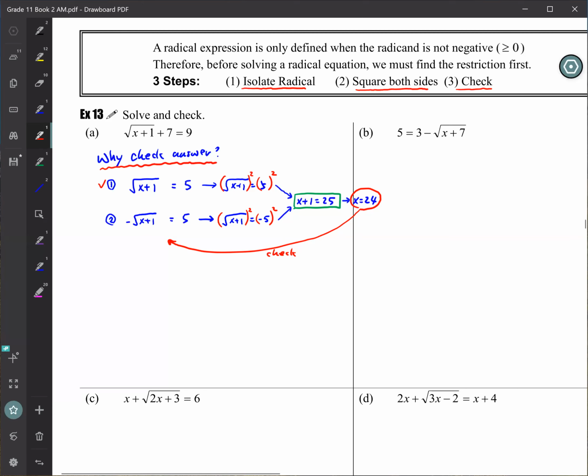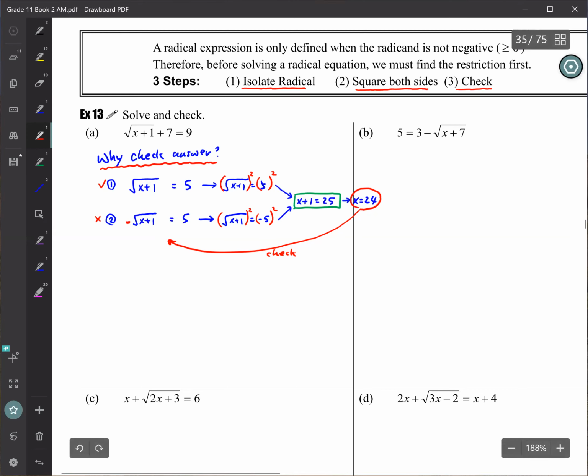If you put it into the second question, 24 plus 1 is 25. The square root of 25 is 5. But then there is a negative at the front in the question, so you will end up with -5 equal to 5, which is not equal.